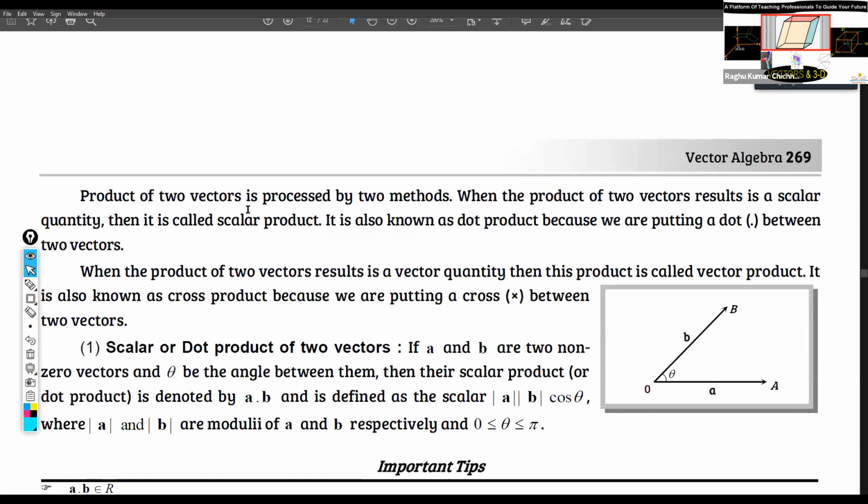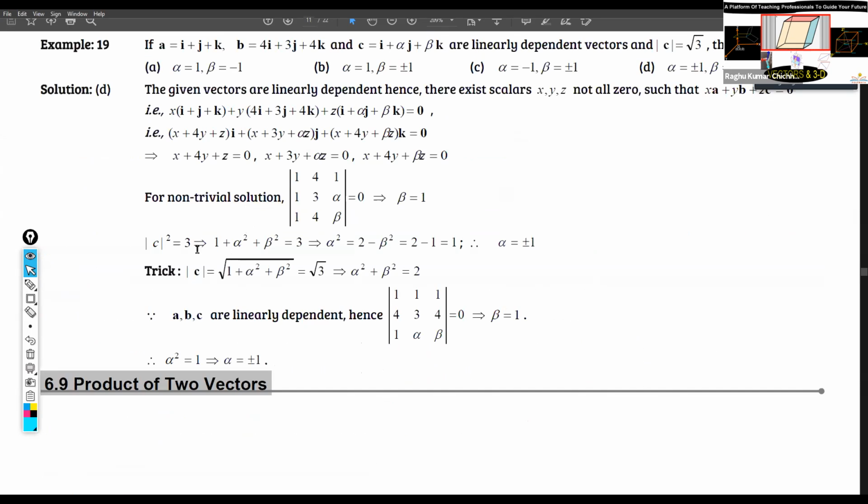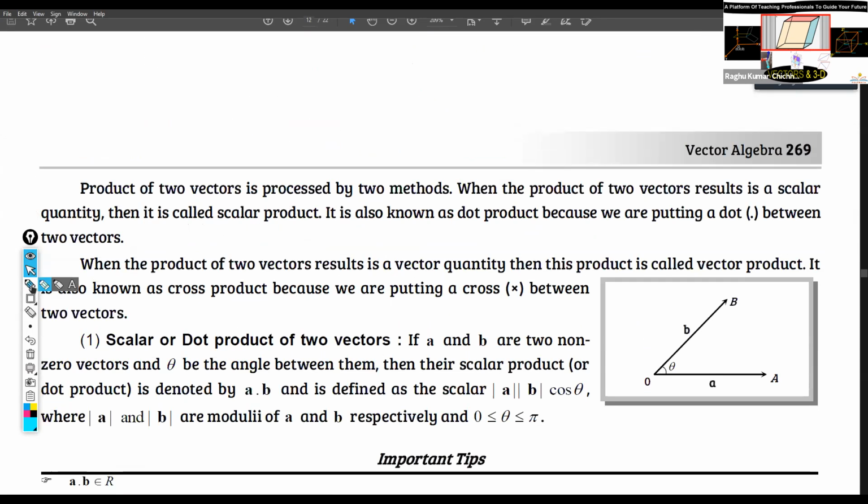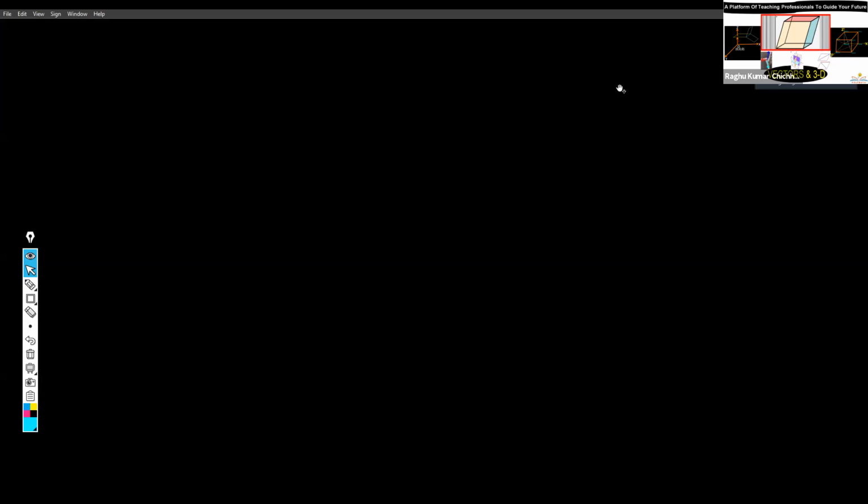See, there are two types of product of vectors. Number one is, so I'm writing that here, product of vectors.